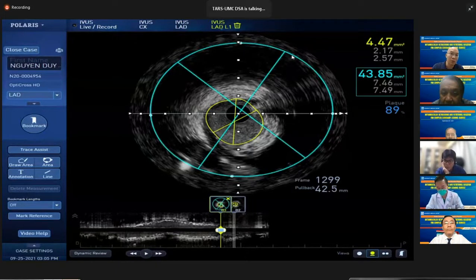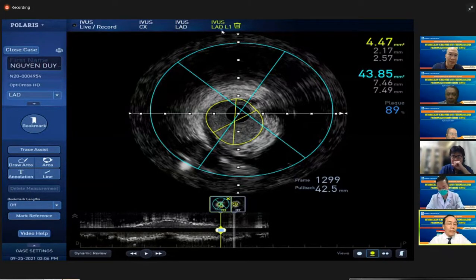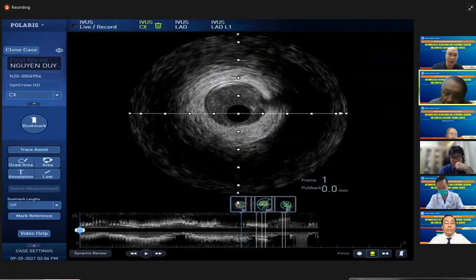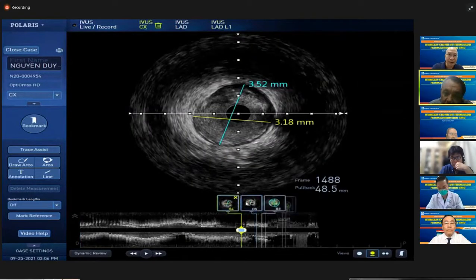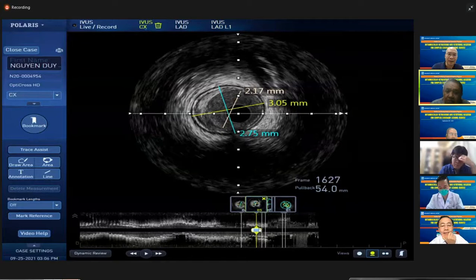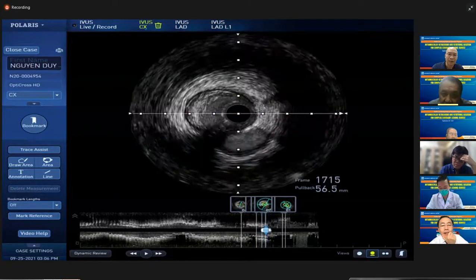Please show us the circumflex ostium measurement. Please show me the circumflex ostium. The ostium of the LAD has a very small atheroma, no plaque. So this is the small plaque in the LAD only.